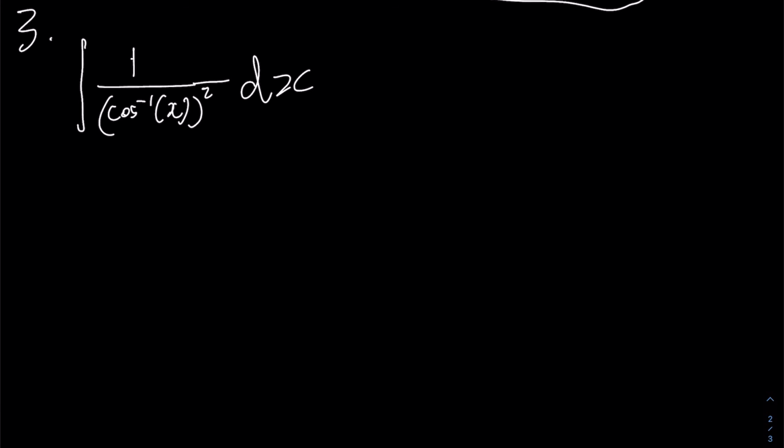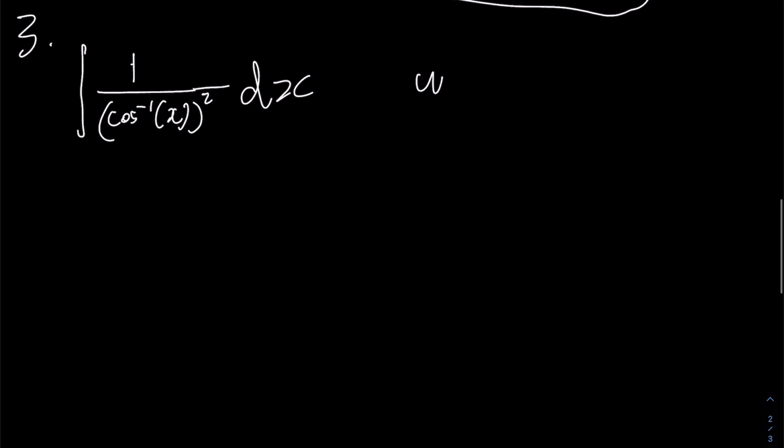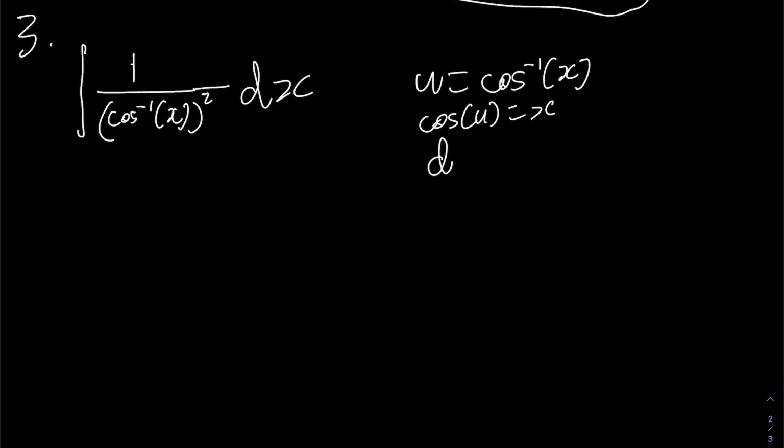Well, we can just try taking another u substitution. Taking u to be the entire denominator now will not be so nice because we have a square, so then you would have to have a u squared, which makes it more complicated. So we take u to be equal to just the inverse cosine of x once again, and you see that the cosine of u is x, which means that dx is negative sine u du.